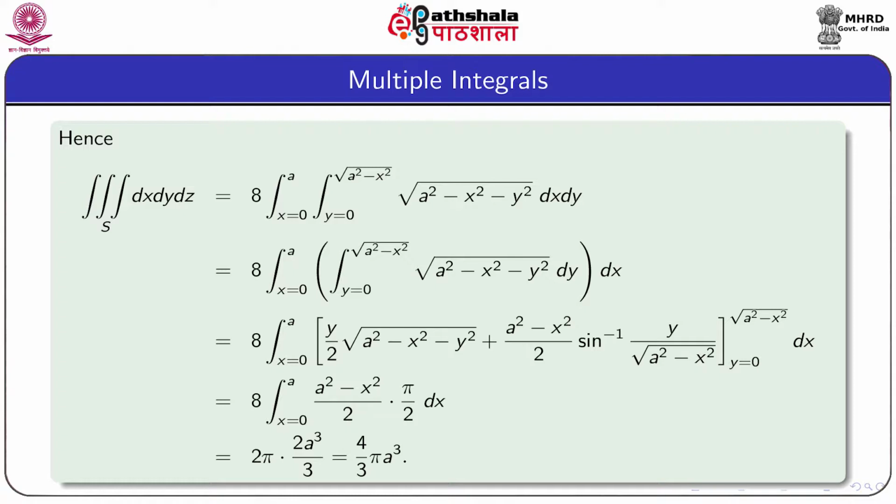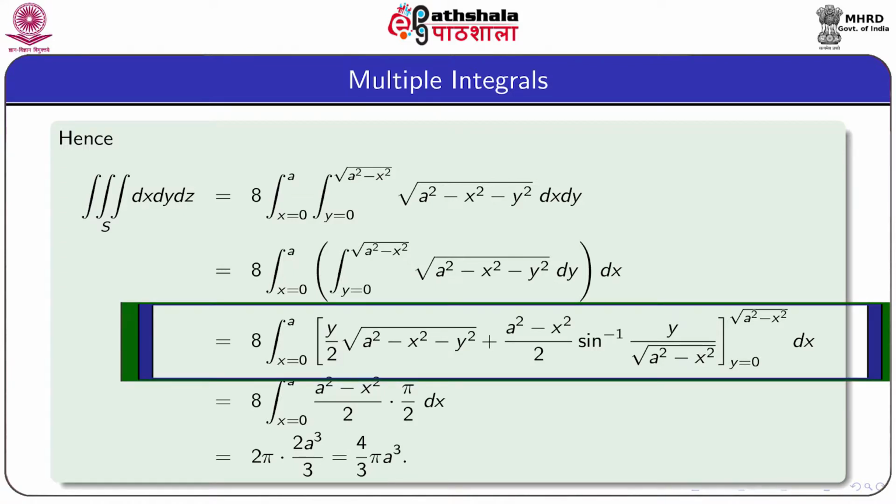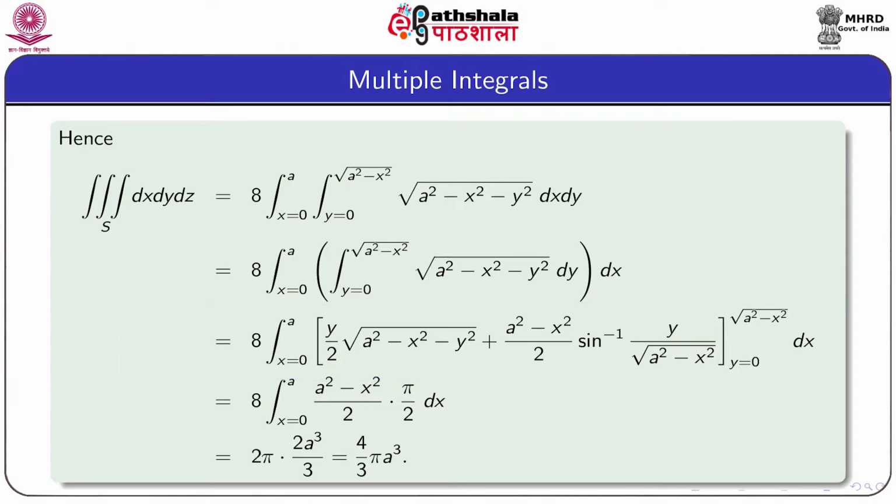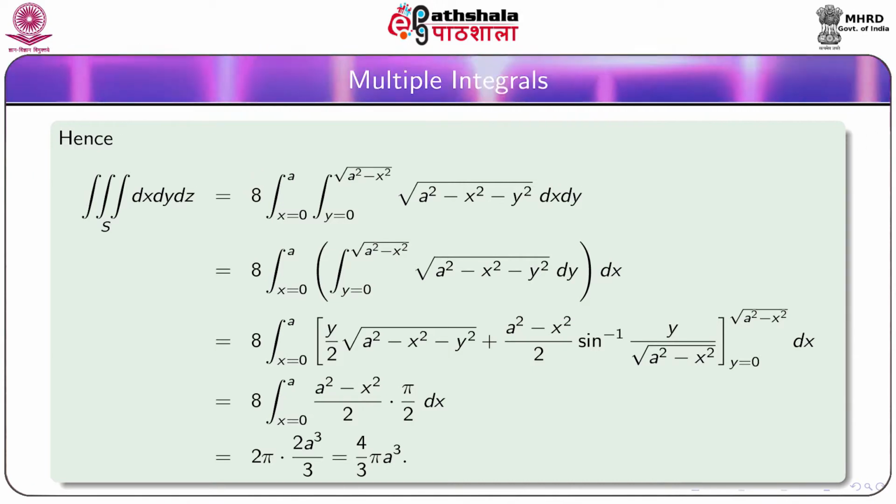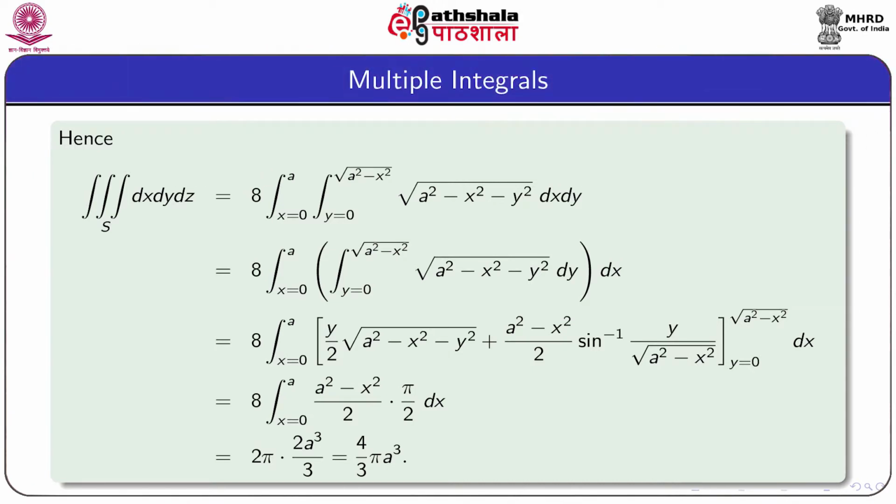So, this equals 8 times the integral x equal to 0 to a of y by 2 square root of a square minus x square minus y square plus a square minus x square by 2 sin inverse y by square root of a square minus x square, evaluated with lower limit y equal to 0 and upper limit y equal to square root of a square minus x square. And we find that this equals 8 times the integral x equal to 0 to a of a square minus x square by 2 times pi by 2 dx. And finally, we find that it equals 4 by 3 pi a cube.